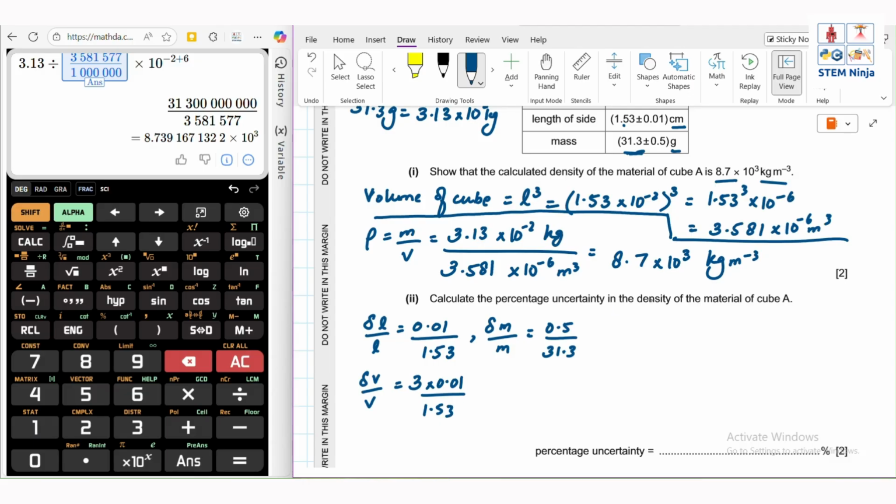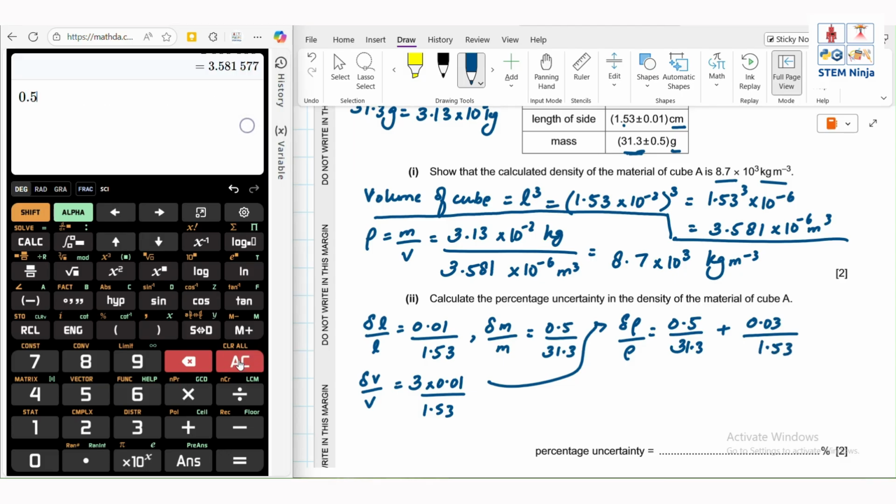Now we need the percentage uncertainty in the density. So we would have sigma rho over rho. We just have to add these values. First, these are the fractional ones, so be very careful. We have to multiply by 100 at the end. So 0.5 divided by 31.3 plus 3 times 0.01, that is 0.03, divided by 1.53.